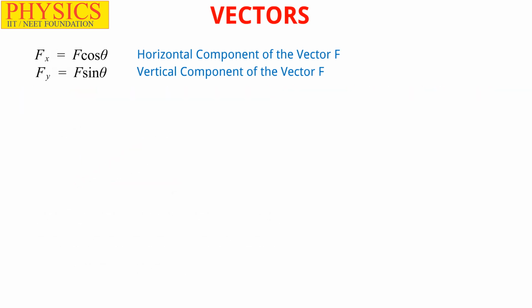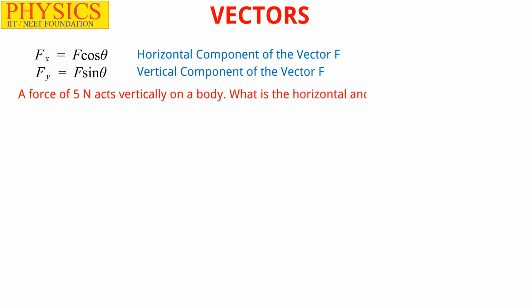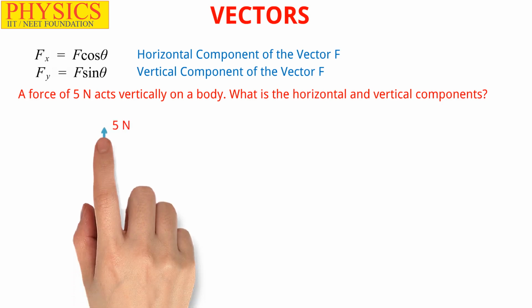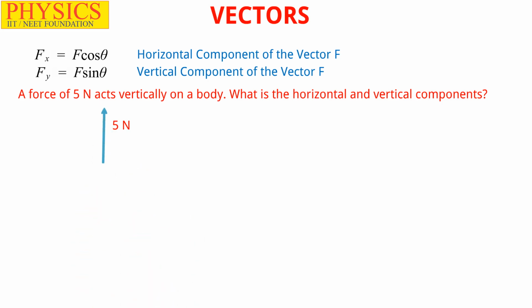A force of 5 Newton is acting on a body along the vertical direction. Here you need not resolve it into components because the force is acting along the vertical direction. Then what is Fy?